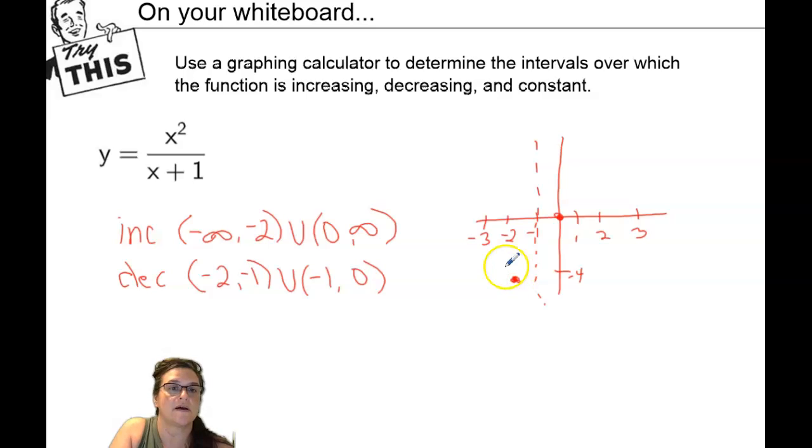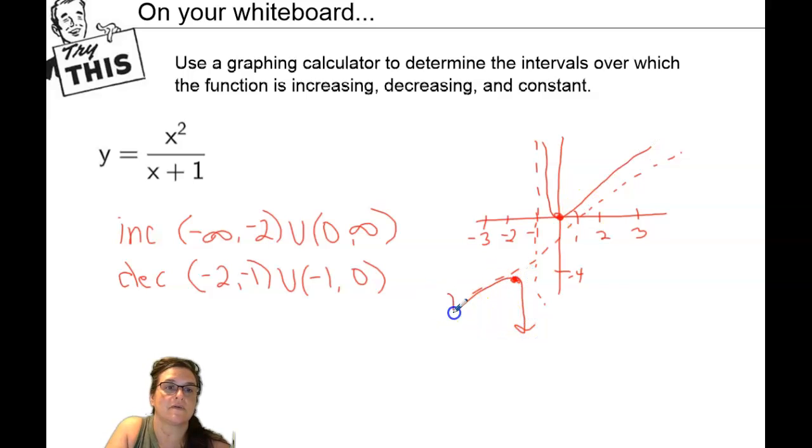And then we've got a slant asymptote. So we don't need to be super accurate with the slant asymptote at this point, because we'll learn more about those in our next lesson. So this would be the rough sketch of our rational function.